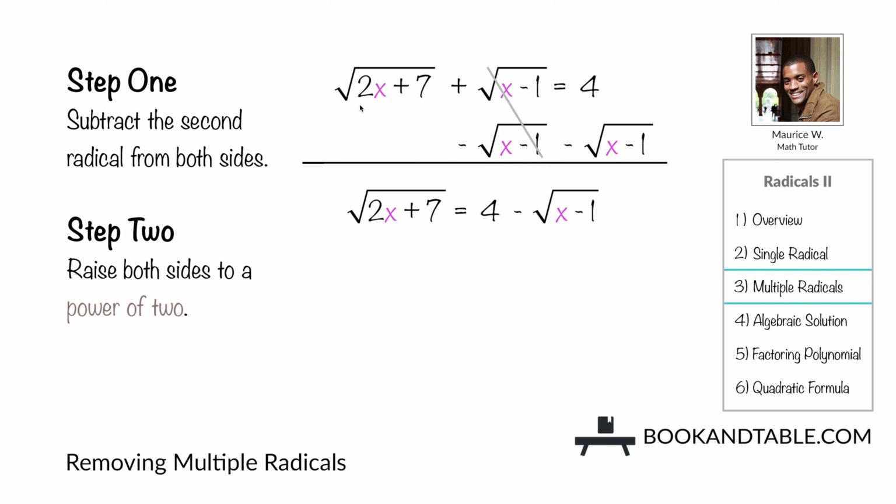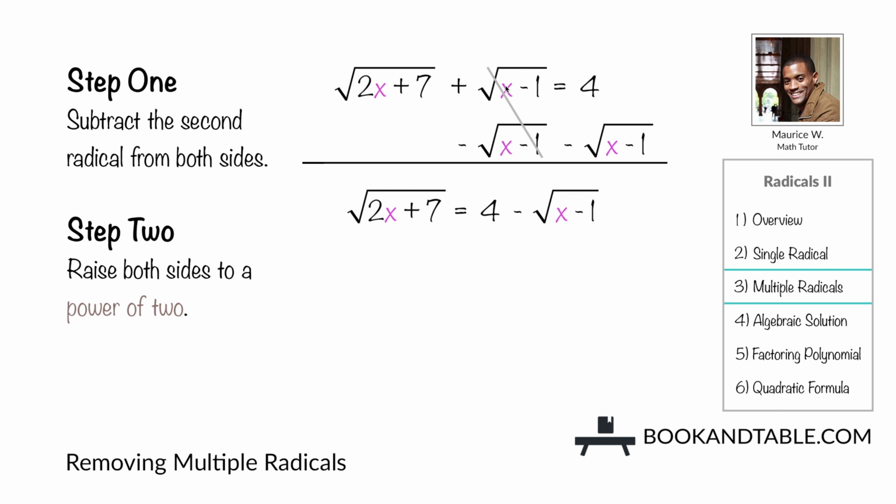We have the square root of 2x plus 7 plus the square root of x minus 1 is equal to 4. So in order to isolate the first radical term, you want to remove all the other terms on that side of the equation to the other side of the equation. In this case, we have a second radical on the same side as our first radical.